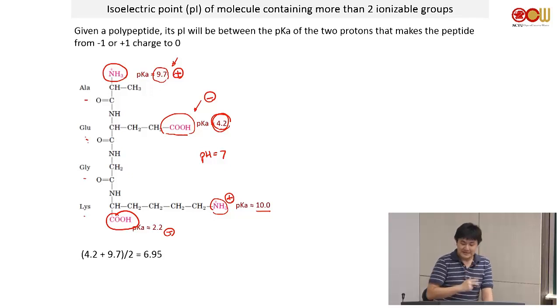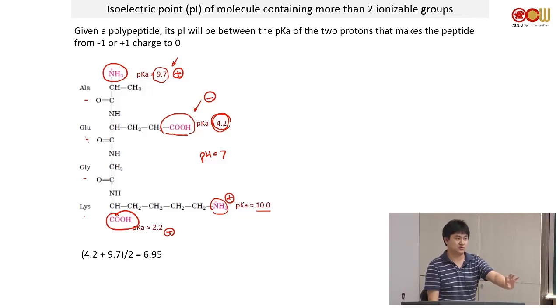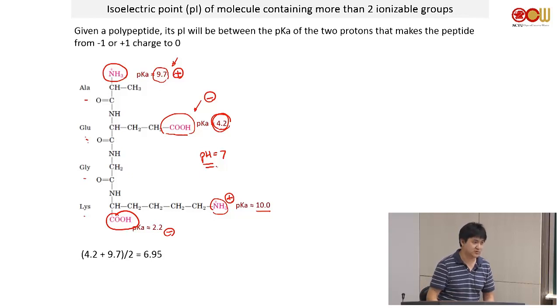Not quite. So usually, after you find a pH where you can draw the molecule and say, okay, this is going to be neutral at this particular pH, then you want to take the pKa right above this pH and right below this pH. And then you take those two groups and you average them.